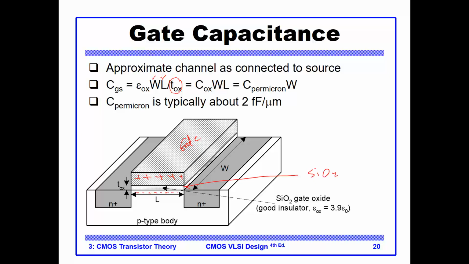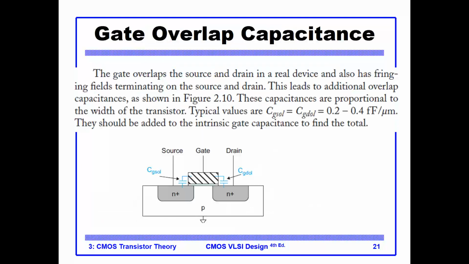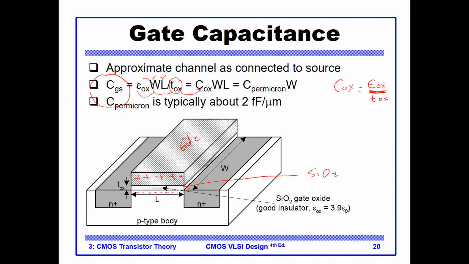We said that we can lump these terms into a newly defined term, COX, times W times L, where COX equals epsilon OX over the thickness of the oxide. It is important to notice that this capacitance varies in value as the device operates, and we will see that later on. Now, this is the channel capacitance.